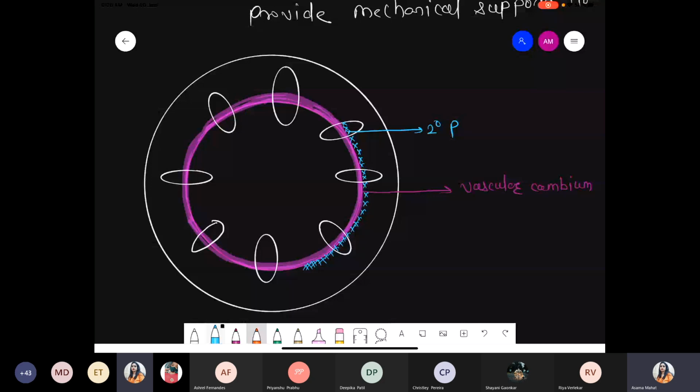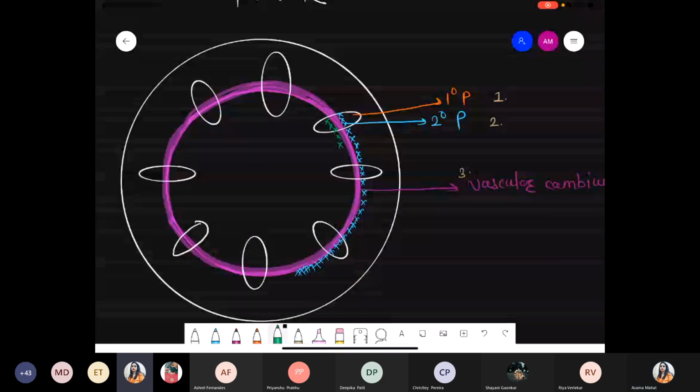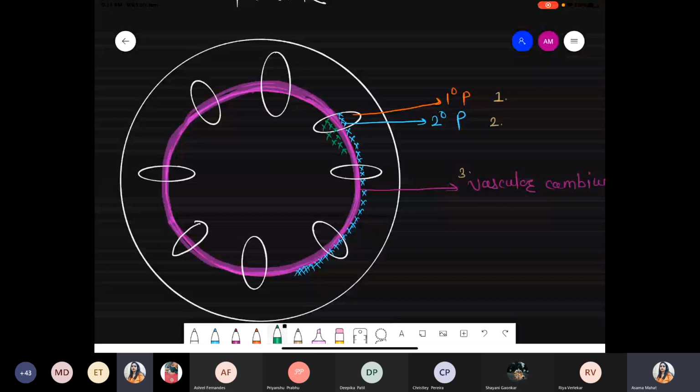Now that vascular cambium also cuts toward the inner side. And here the process is 8 to 10 times more active. So they can form one or two layers, and that is the secondary xylem part.